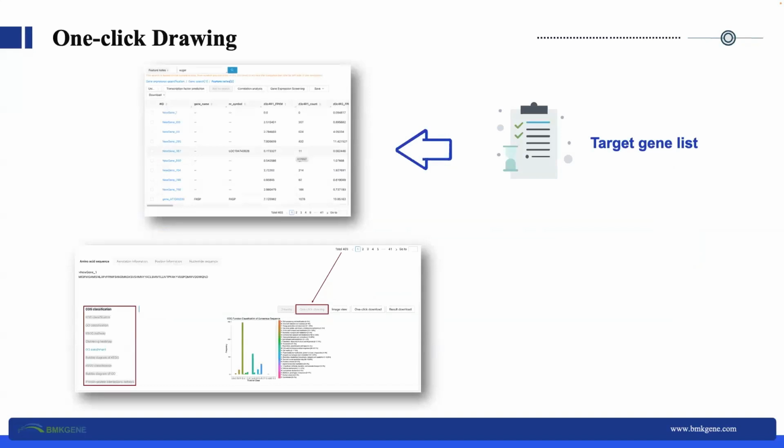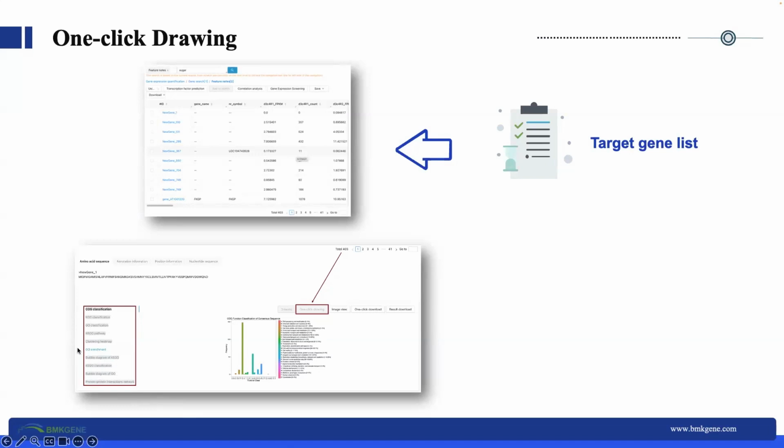Firstly, let's talk about one-click drawing. It's easy to understand. Get your gene set, do one click, and wait for the results. Here are some notifications. The gray background means that the image is done, while the other type, with the blue title, means the work is still running.